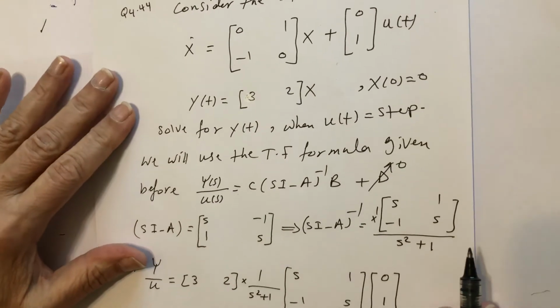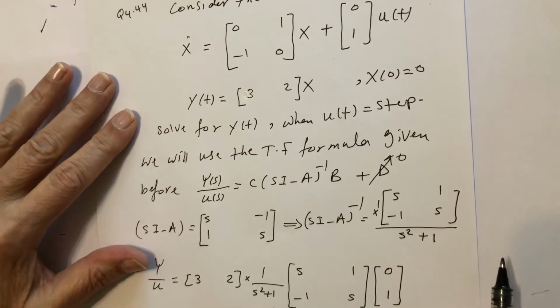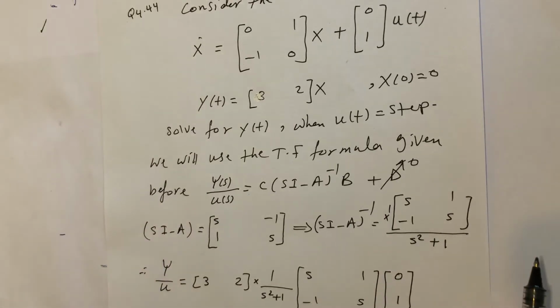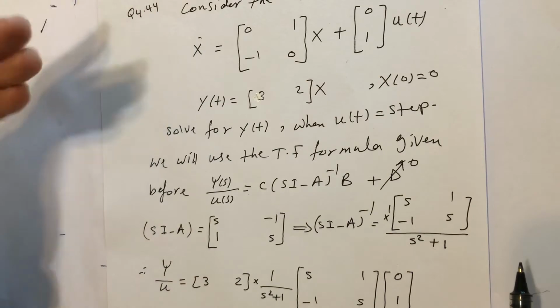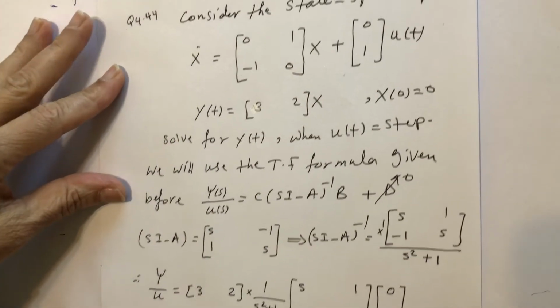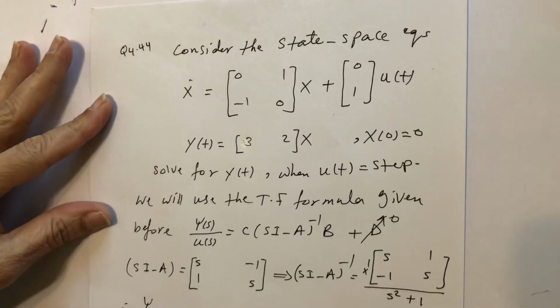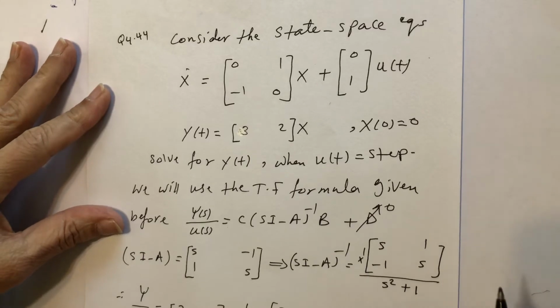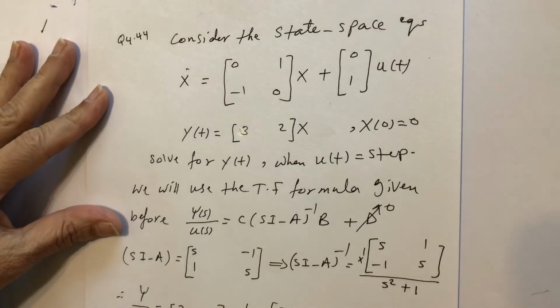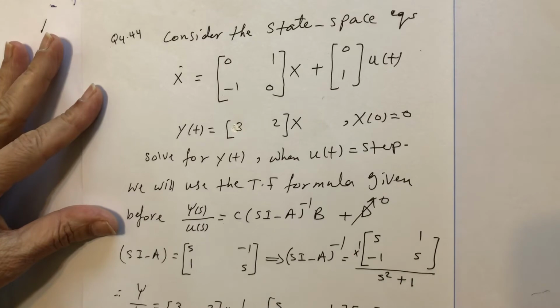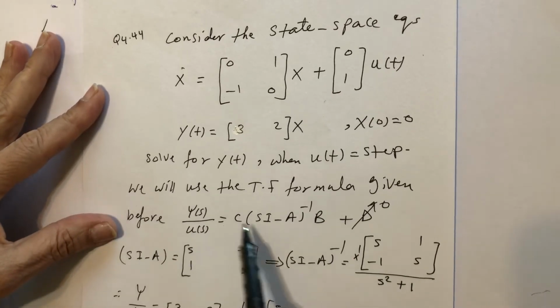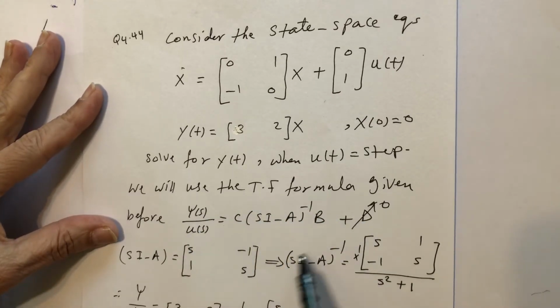If we go into question 4.4.4, you see that it's the solution of a state variable equation, and you are not asked to solve the state variable equation. I'm only going to use the expression which we gave before in chapter 3.